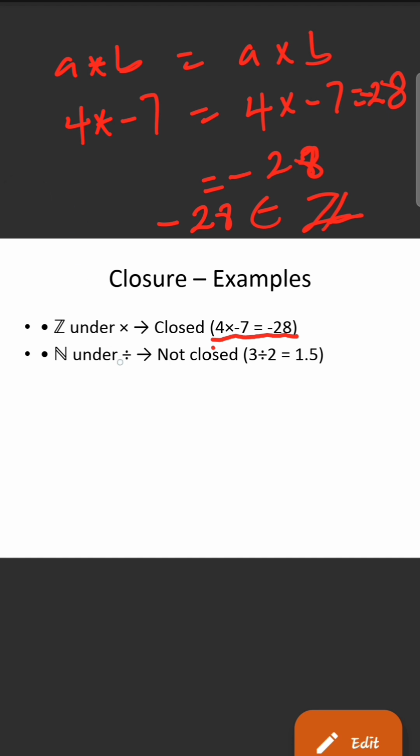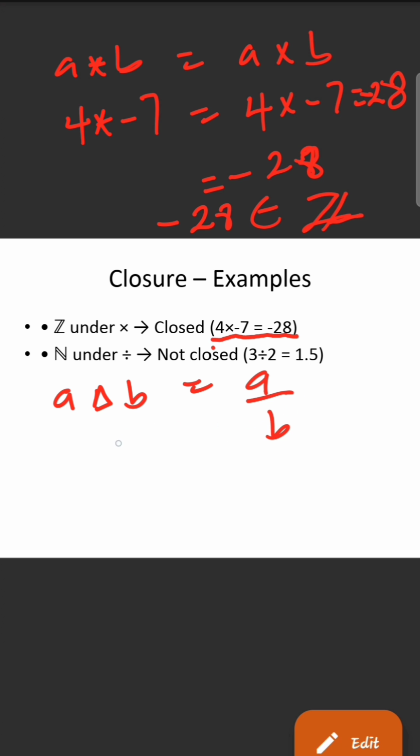Then natural numbers under division is not closed. What does that mean? Let's say you have A operation B is equal to A divided by B. And you know natural numbers start from what? Start from 1, 2, 3, 4, and so on, and they are all positive.